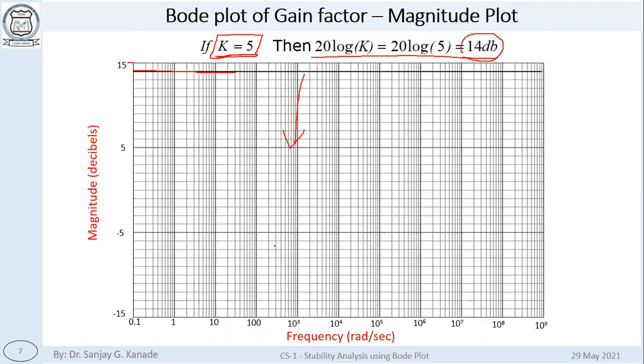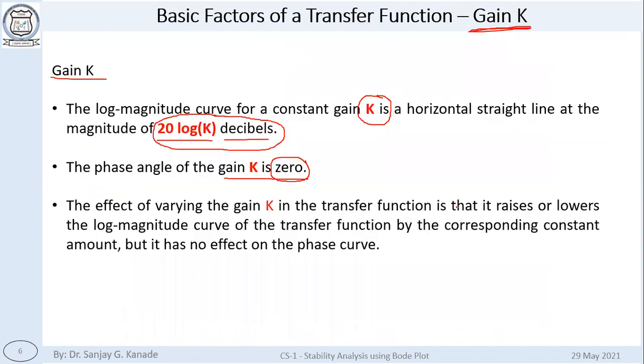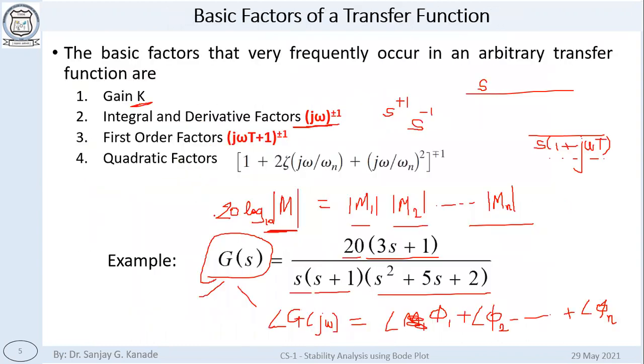If gain is increased, this particular line will increase. Now, as I said just a while ago, because of this logarithmic scale, all these gains will ultimately be added when they are expressed in decibel scale.